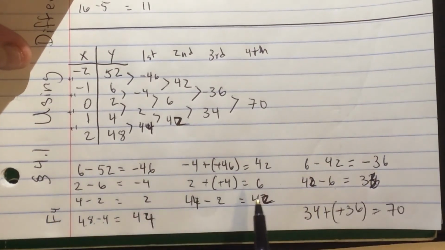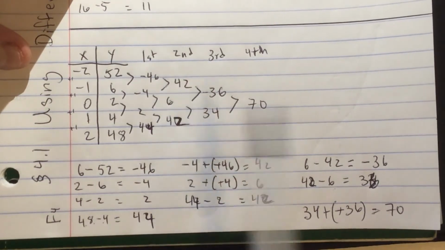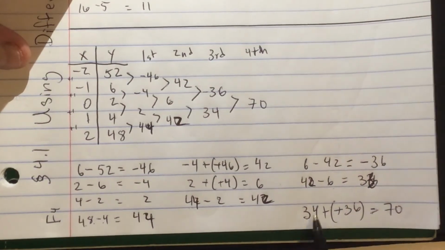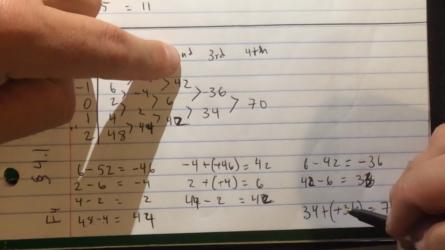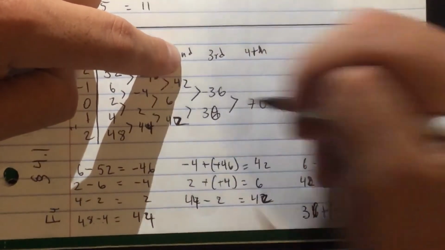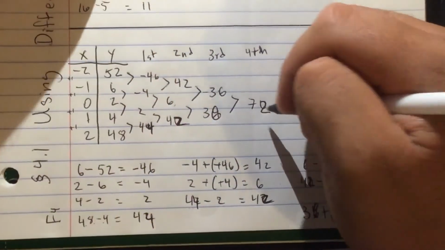And then we'd have a 6 minus 42. It's still the same thing because it still gives us a negative, and these are not the same. But this would change the bottom number. It would be 36 minus a negative, so this would end up being 72. So it still ends up being 72.